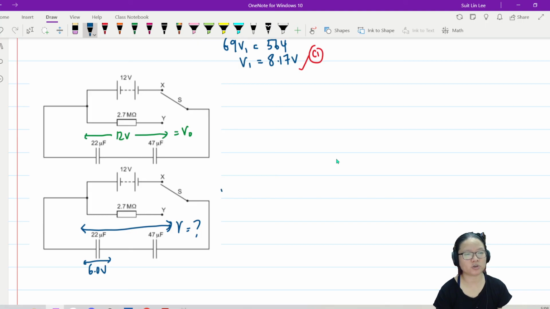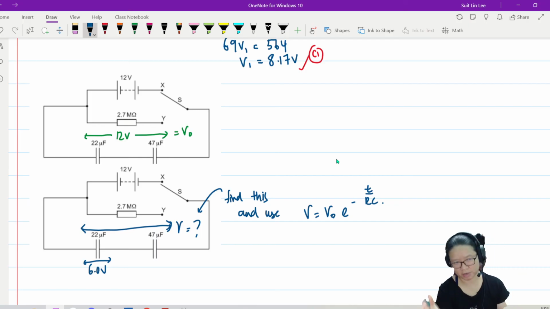You can find this and use the equation V is V naught e to the negative t over RC. Okay, so again, the method to find the total V is by ratio, so you will go through the same process. Both are fine because they are in series.